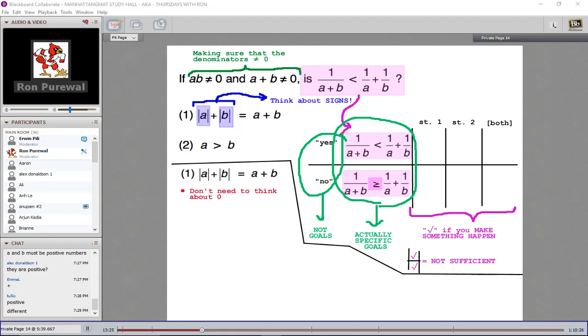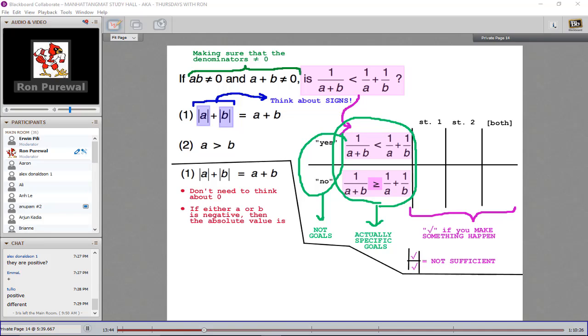And then if either A or B is negative, then the absolute value is greater than the original number because it's negative. Or the absolute value is greater because it's positive. Smiley face if that makes sense.